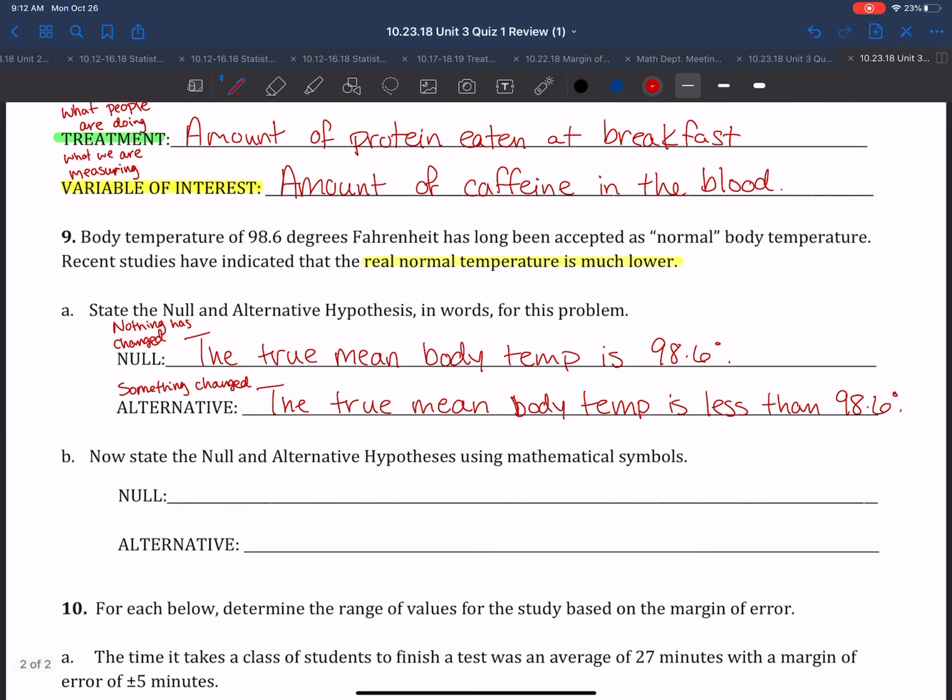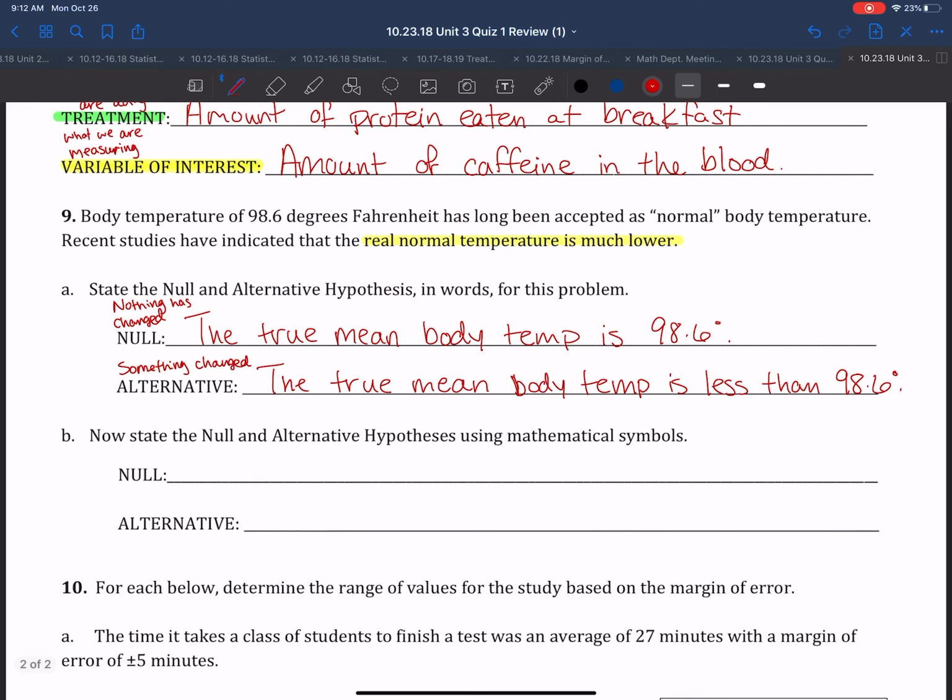Part B says we want to state these same hypotheses in mathematical symbols. So for the null, remember we use the symbol H0 for null, and we can say true mean is equal to 98.6 degrees. And then for the alternative, we can say the true mean is less than 98.6.